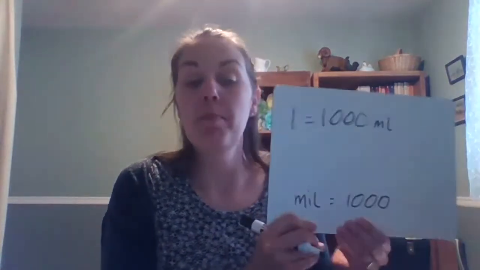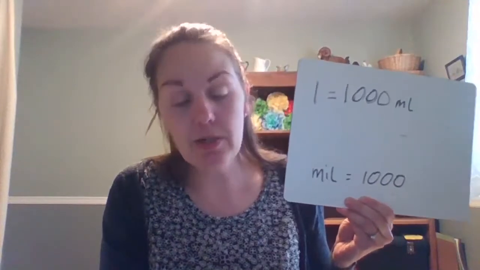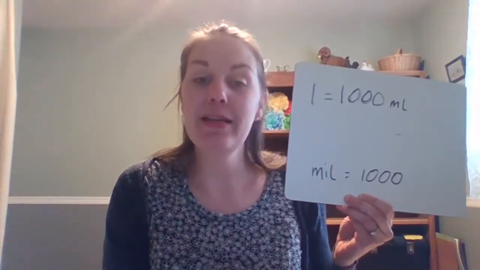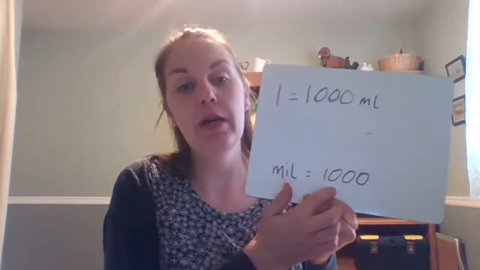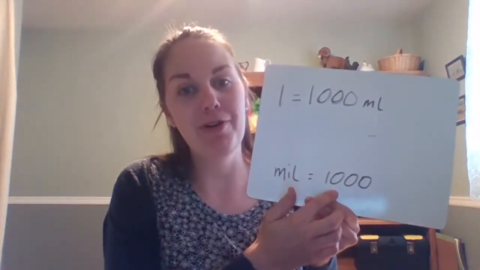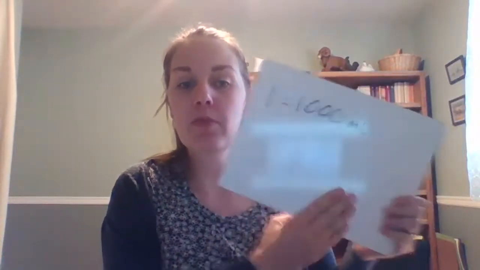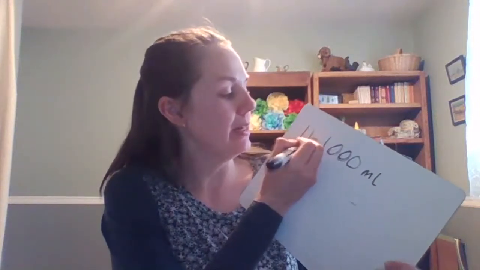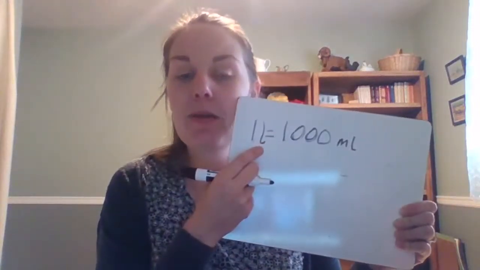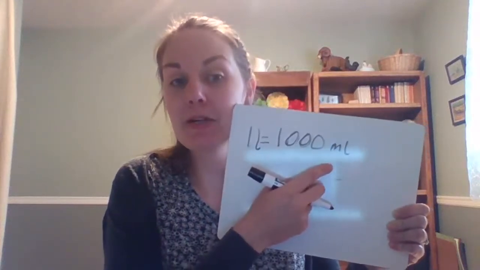So if you hear millimeters or milliliters or anything starting with M-I-L, mill, with the exception of the word million, it's going to relate to 1,000. So 1 liter, which is abbreviated by a small l, is equal to 1,000 milliliters.